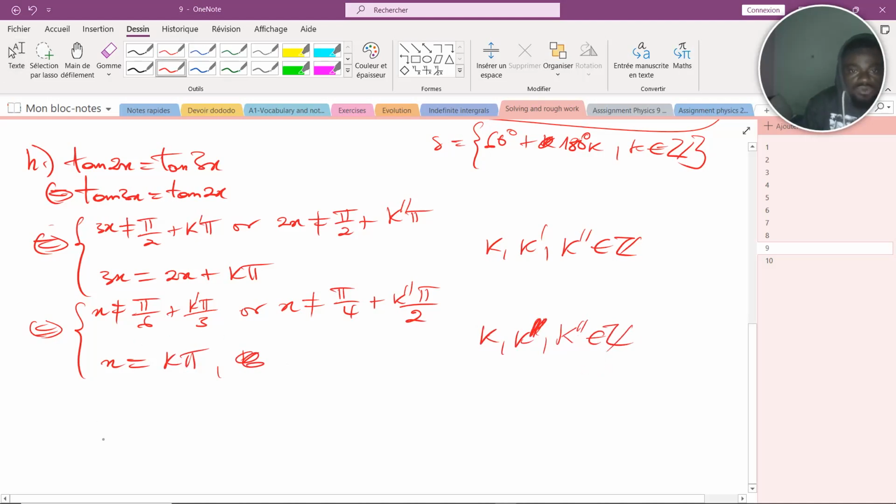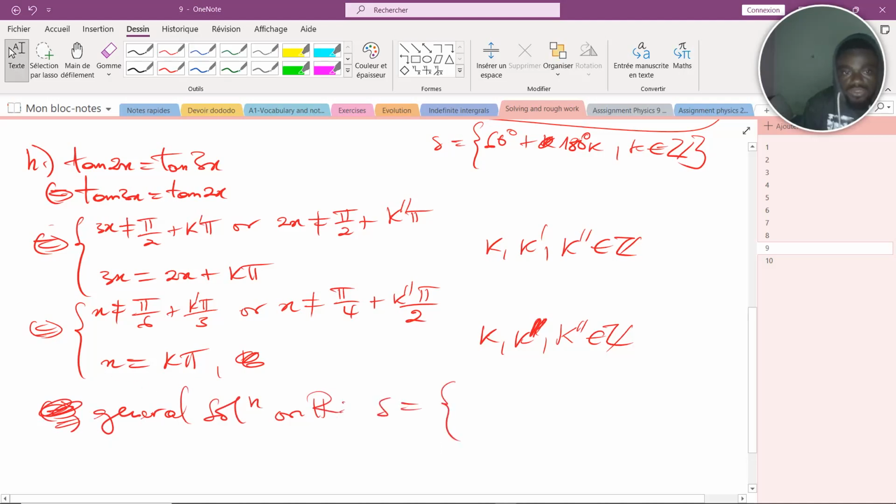From there, we can already write the general solution. The general solution on R will be: any number of this form, k pi, such that k belongs to the set of integers.